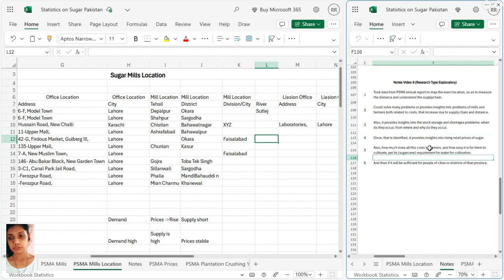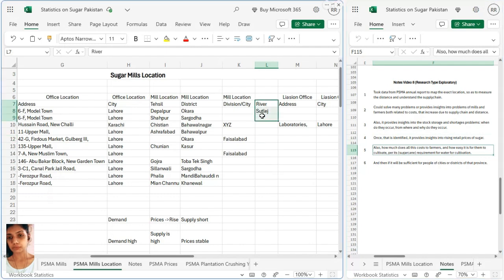Also, how much does all this cost farmers, and how easy is it for them to cultivate sugarcane given its water requirement for cultivation? That we discussed when we talked about the rivers and the water requirement, and whether it will be sufficient for people of cities or districts of that province.